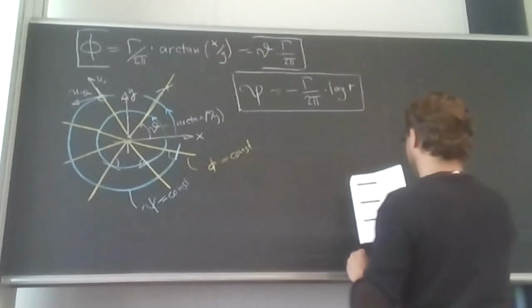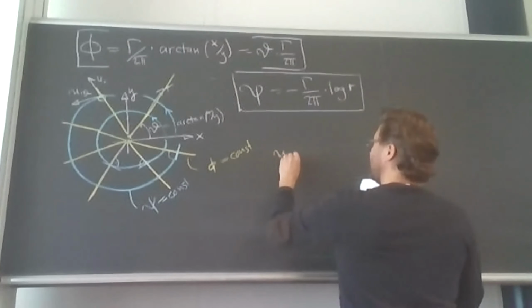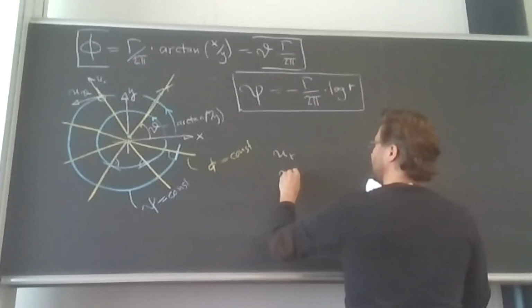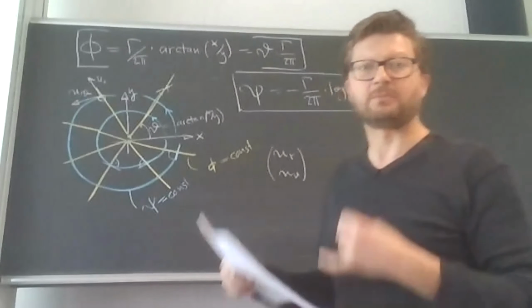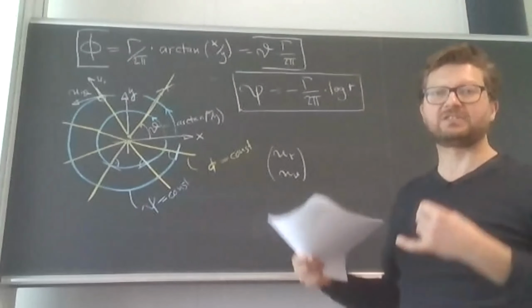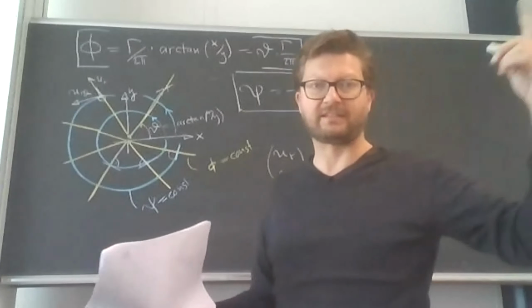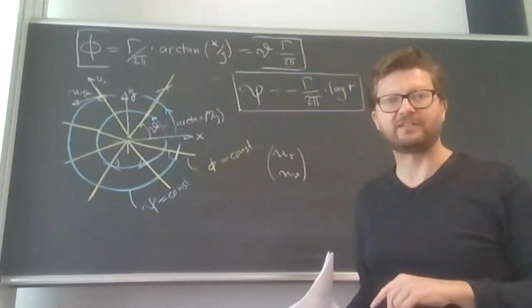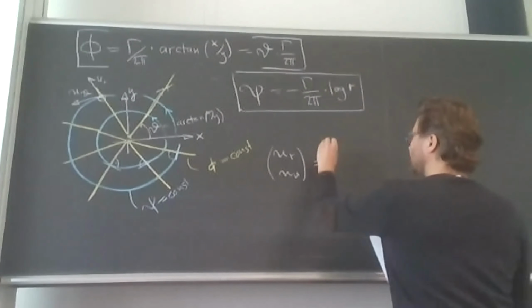What about these velocities? ur and u theta can actually be computed from the gradient of the potential, but now it's the gradient in polar coordinates. For that, you need to go back to the slide, I think 3 or 4 slides ago. We're not going to go through that. I'm just going to tell you what the result is.